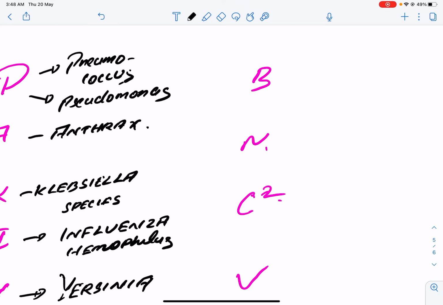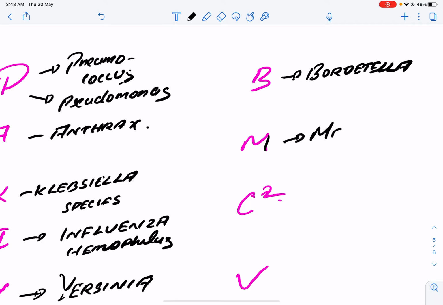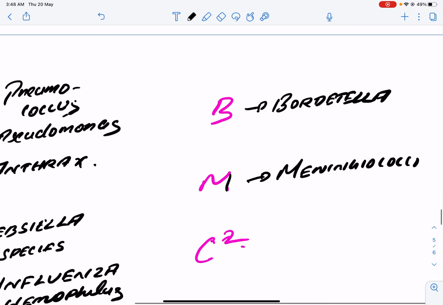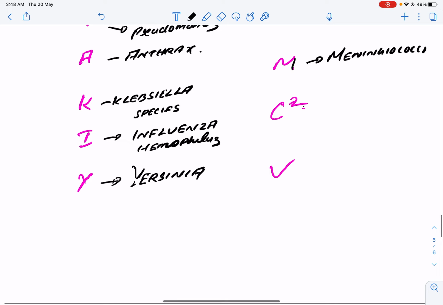Then B is for Bordetella. M is for meningococci. I put C square, meaning there are two bacteria with capsule starting with C. One is Clostridium perfringens.